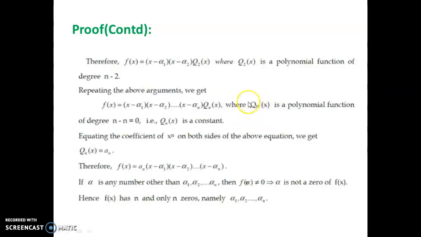The degree of a polynomial equal to 0 means it's a constant. Therefore qn(x) is a constant.